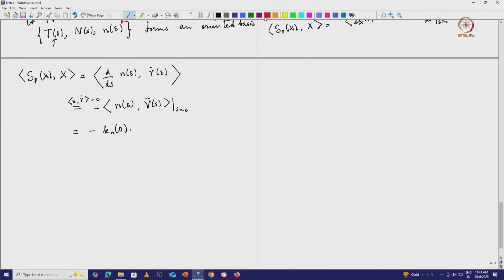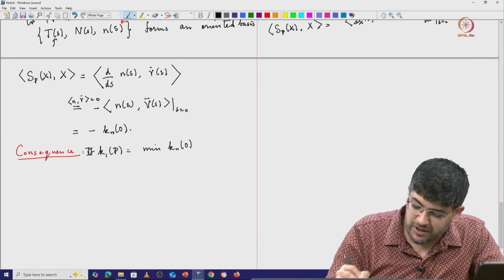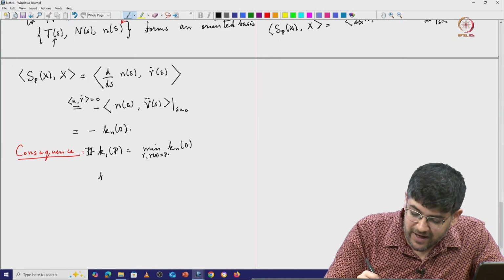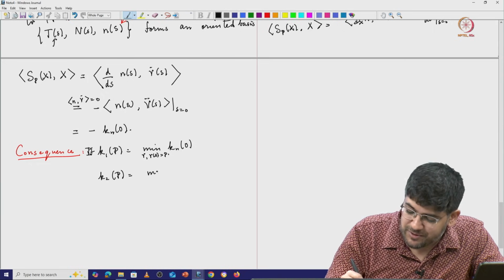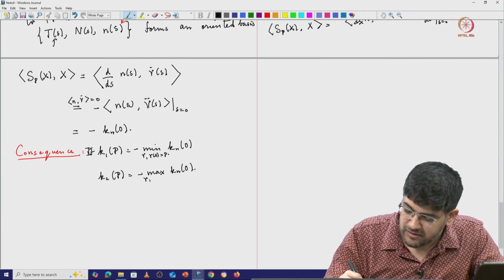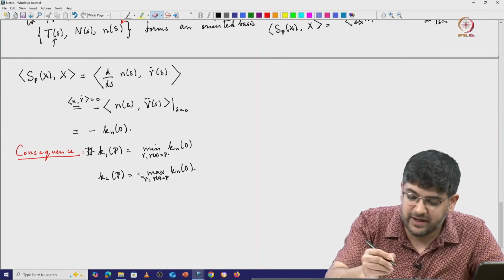So a consequence of this is that if I put k1 of p to be the minimum of the normal curvature of all such curves passing through the point p, and similarly if I put k2 of p to be the maximum with a sign, yeah, let us forget about the sign, it does not matter because eventually I am going to take the determinant.